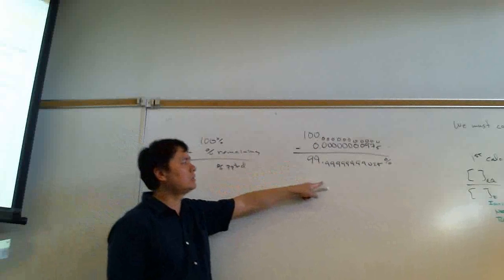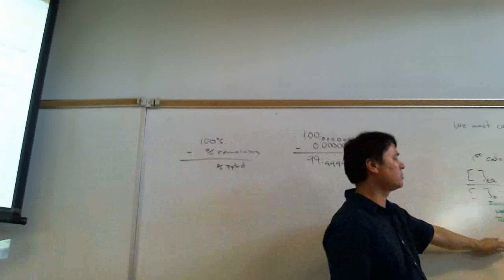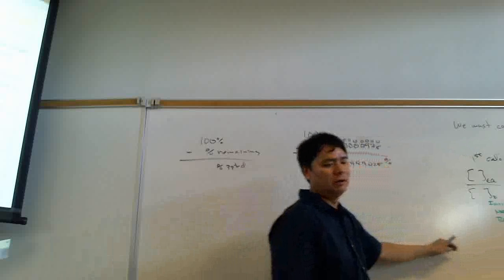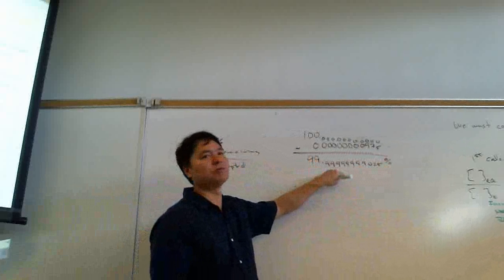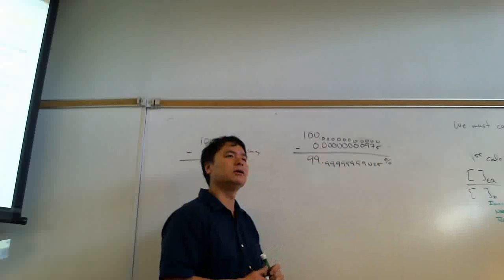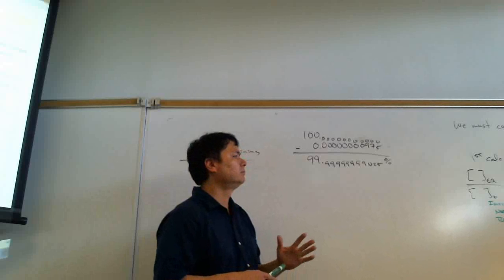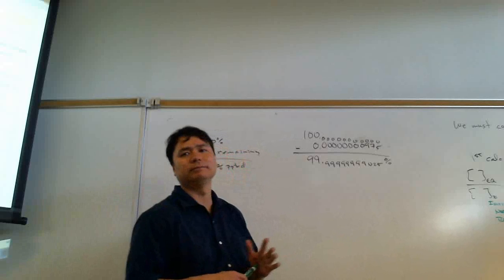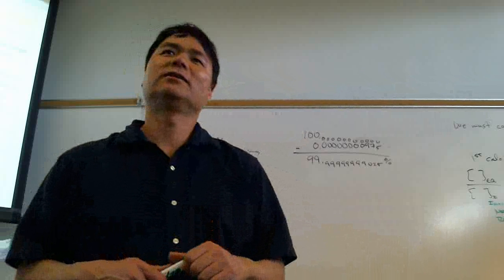The reason I usually do the percent remaining calculation and then calculate the percent precipitation is because of round off error. If you were to calculate the percent precipitation directly, this would just round off to 100 in your calculator, right? Or would it? I don't know. Actually, should we try it?